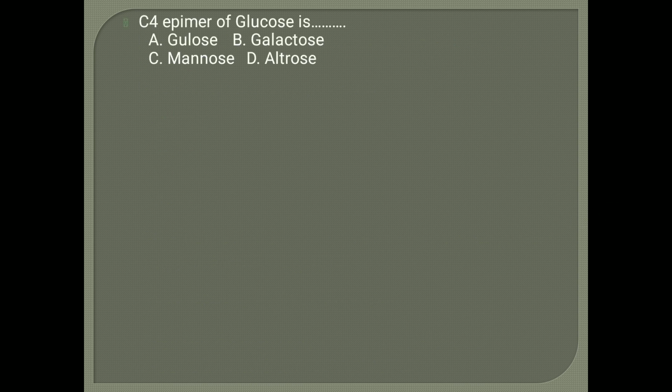Now let us see another type of question that will come in the case of epimers. C4 epimer of glucose is, that is the question. If you get this question, we have to keep in mind from the previous slide itself that glucose represents the third carbon OH on the right side. The question is the C4 epimer of glucose.